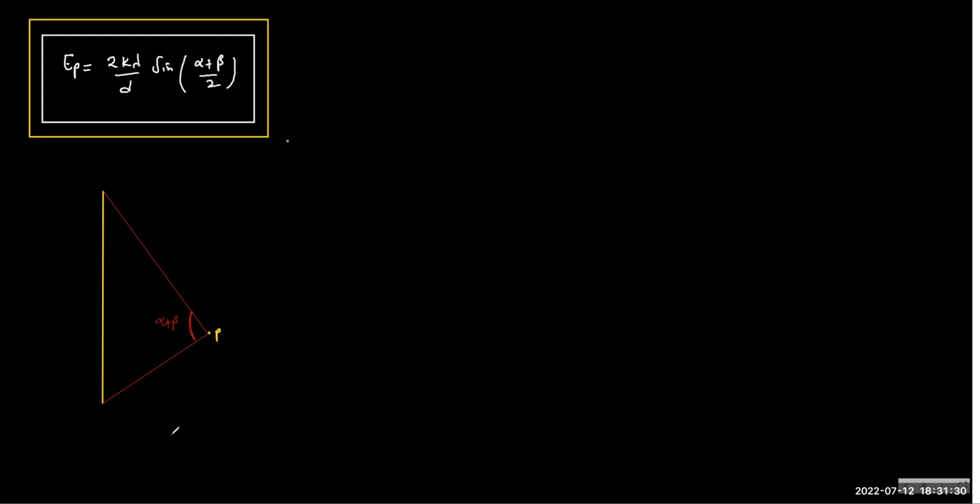Angle bisector. The most interesting thing about this answer is that the direction of a resultant electric field is also in the direction of angle bisector. That's very fascinating. That the net electric field will be exactly the bisector of this angle.